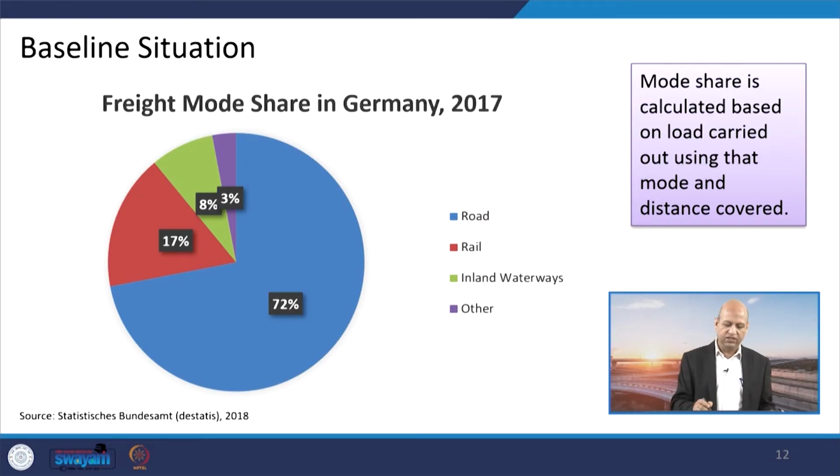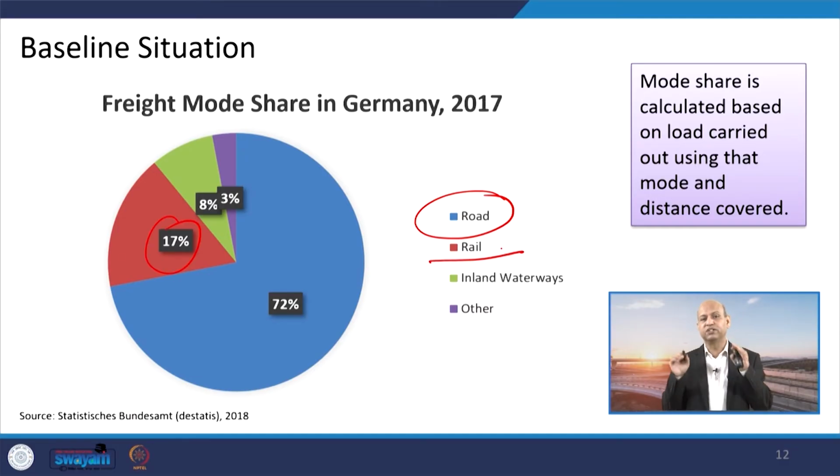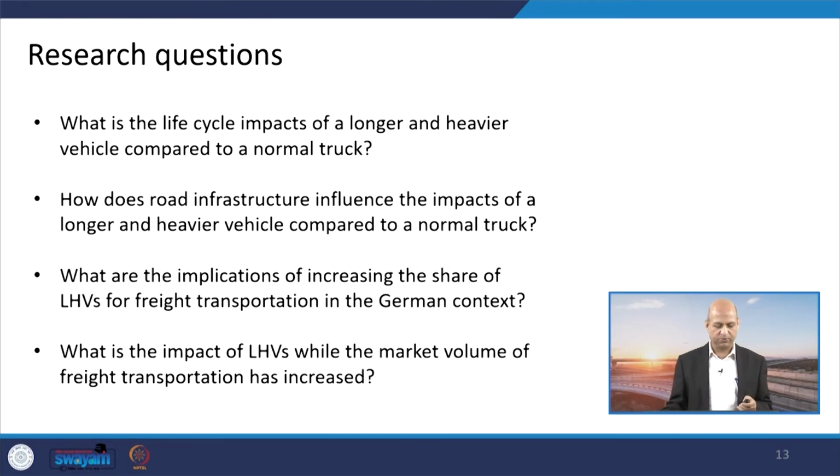If you see, 72% is from the road and 17% is from the rail. So, the freight mode share is biggest for road transportation, second is the rail, the third is inland waterways at 8%, and others are 3%, like air, etc. So, this is the distribution, which means the biggest scope is in road freight transport.